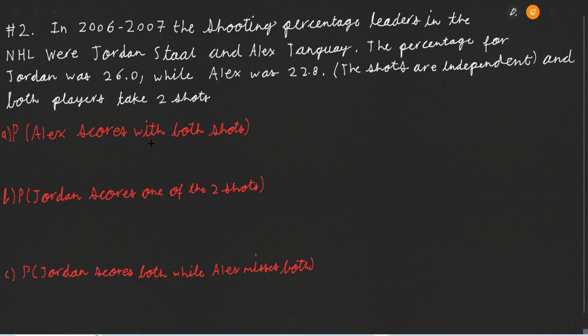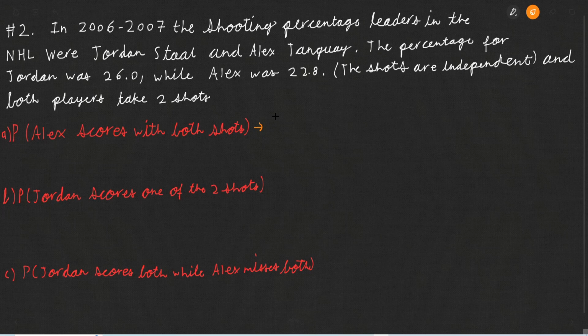So our first question is the probability that Alex scores with both shots. So what we're going to do here is multiply the probability of him scoring a shot 2 times, because we know the probability of him scoring a goal already because it is 22.8.